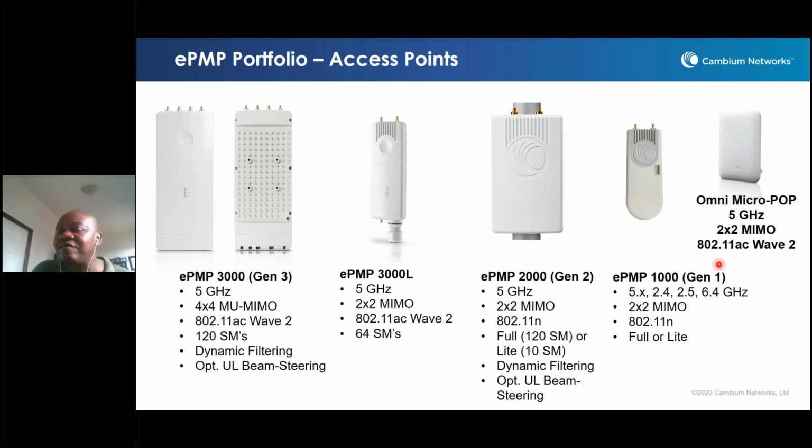Starting on the far right, we have what we call the Micropop, which is an Omni based AP. If I remember correctly, I think 9 dBi, somewhere there. So in terms of range, you'll be looking at about maybe 1.5 kilometers or so.